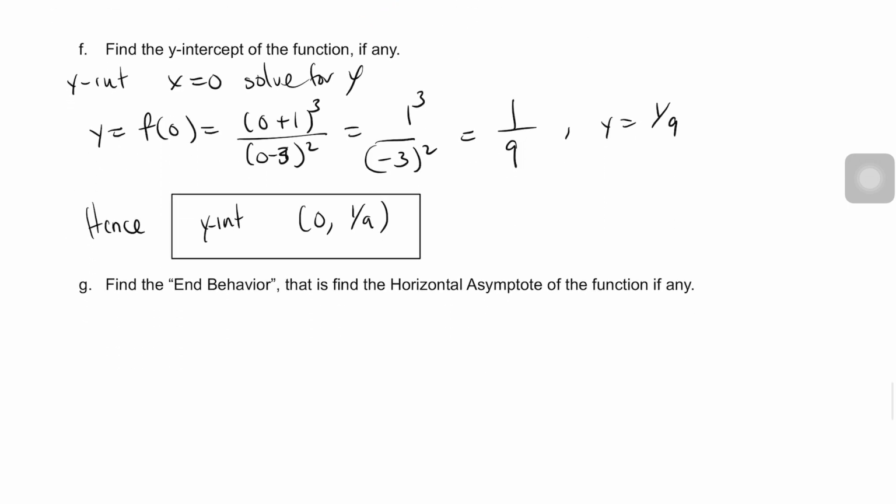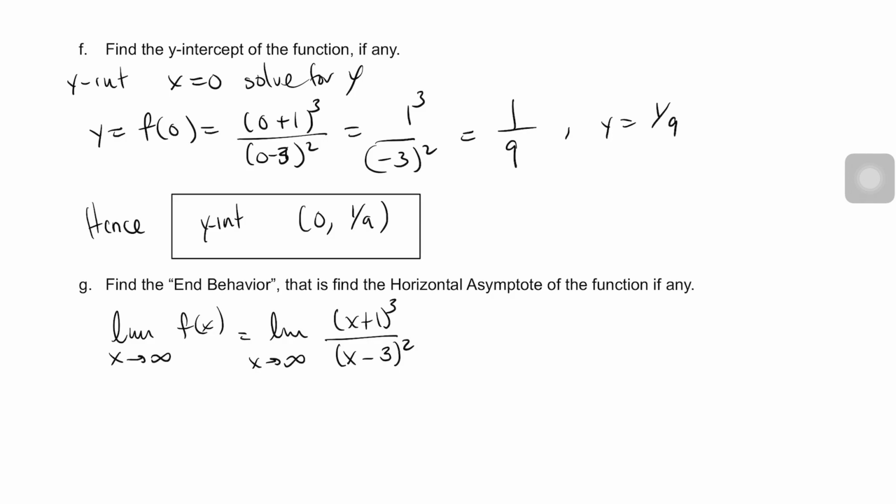And then lastly, we're going to find the behavior of the function. We can see the end behavior by looking at the limit of the function as x approaches infinity. That is going to be similar to finding the limit of x plus 1 to the third over x minus 3 to the second.